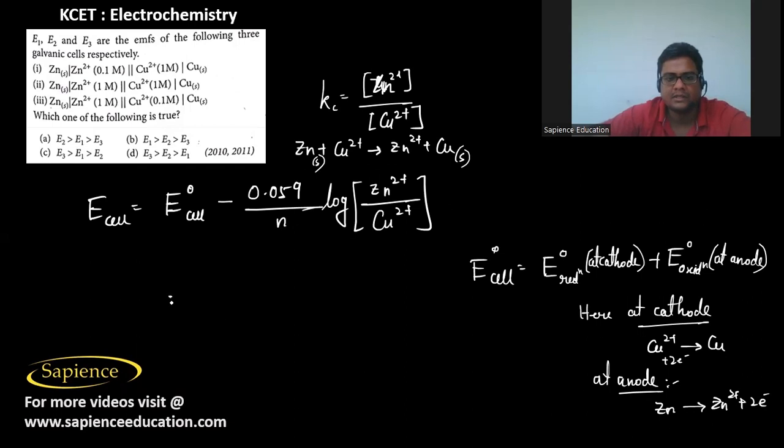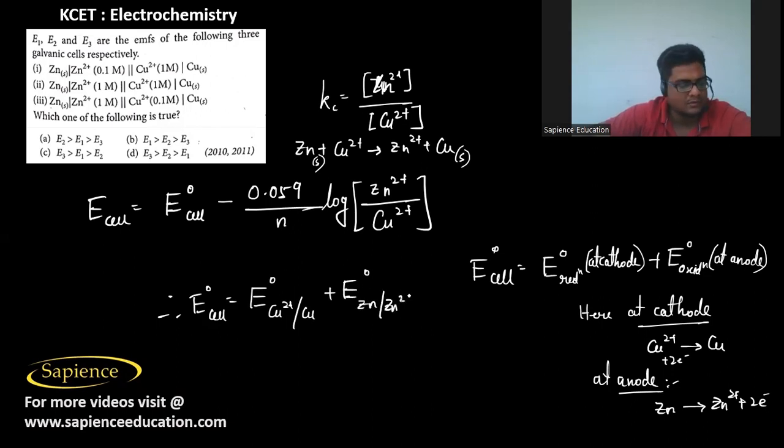So E naught cell is E naught reduction at the cathode, Cu2 plus to Cu, plus E naught oxidation at the anode, Zn to Zn2 plus.